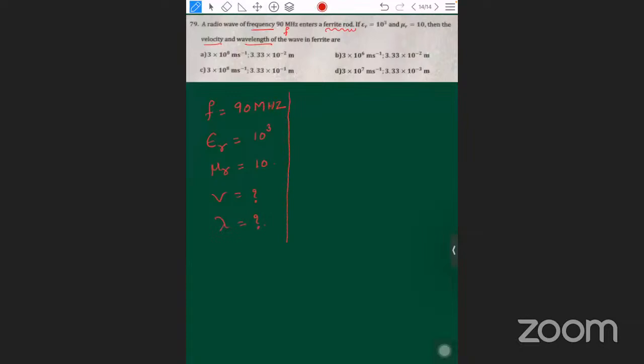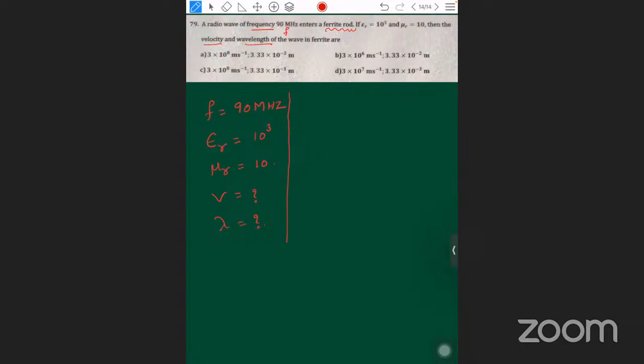Now, they are asking you to find the velocity not in the air medium. They are asking whenever this frequency enters into a ferrite rod, what happens?